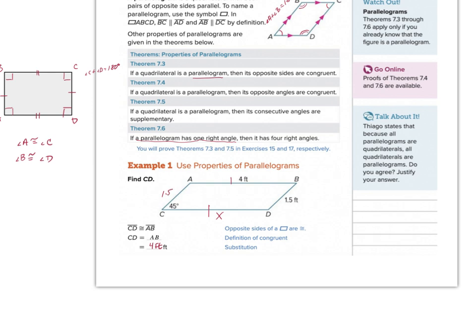Angle-wise, I could do the angles too, and again it's not asking me that, but if angle C is 45, I know angle B is 45. I know that these two should add up to 180 degrees because they're consecutive, so this is 180 minus 45, which is 135 degrees, and then the opposite would be 135 degrees. So those characteristics, those definitions.